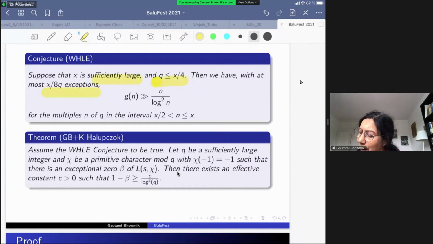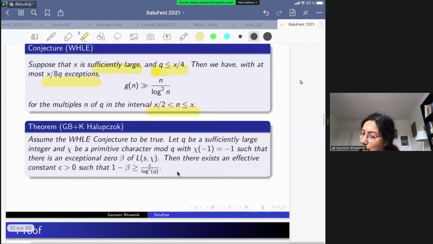So I need to assume that there are exceptions at most x by 8q times. Then we have g of n is greater than n by log square n, for n between x by 2 and x. It might look artificial, it probably is.